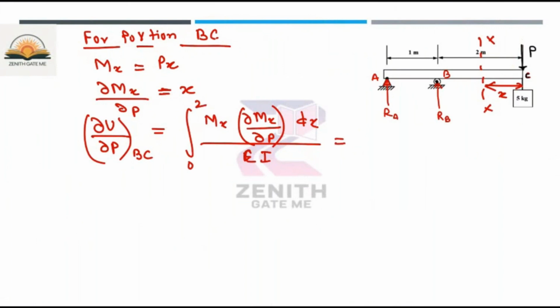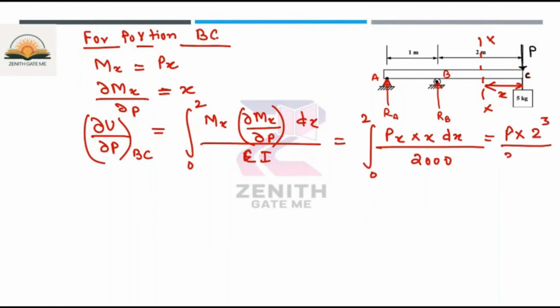Now, once you solve this, Px into x dx divided by 2000, from 0 to 2. So x square dx integration is x cubed by 3. And if you put the upper limit, this value is P into 2 to the power of 3 divided by 3 into 2000.